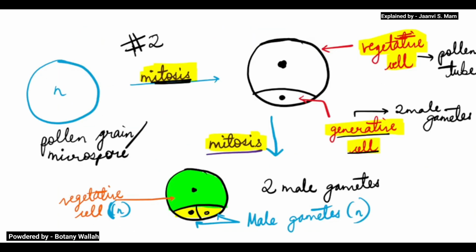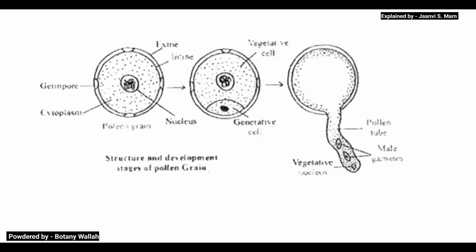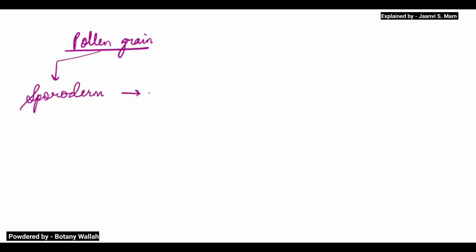Now I will show the picture of a pollen grain. If you can see the picture, the pollen grain is covered by two layers. The covering of the pollen grain is known as sporoderm. Sporoderm means covering.